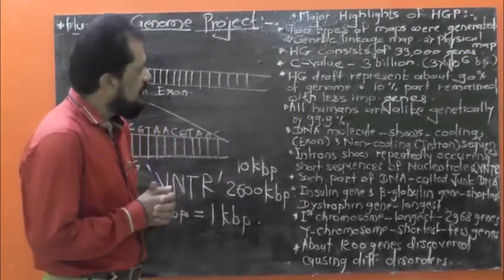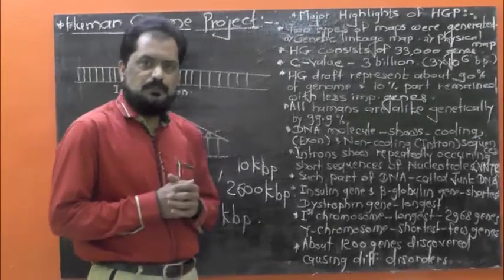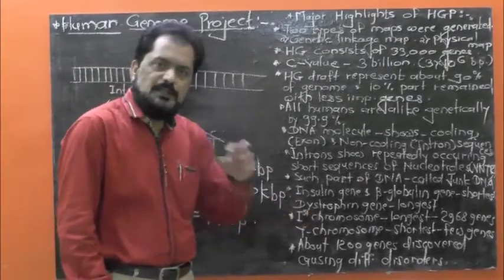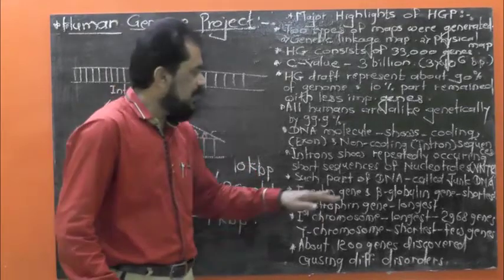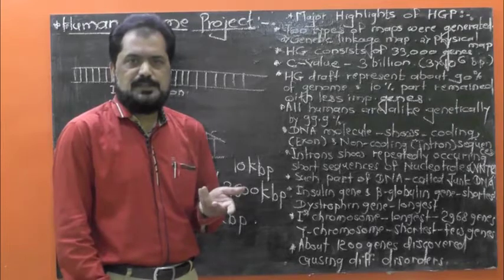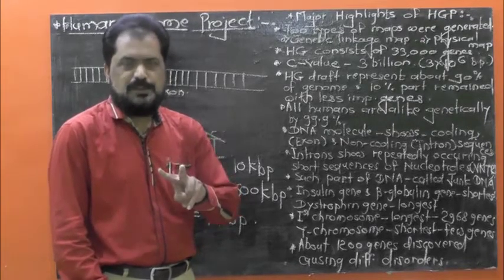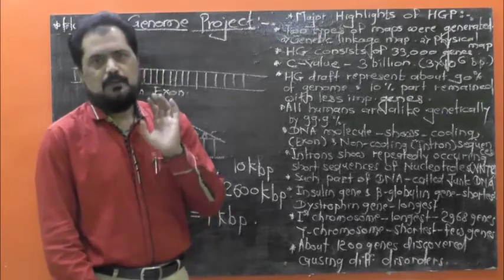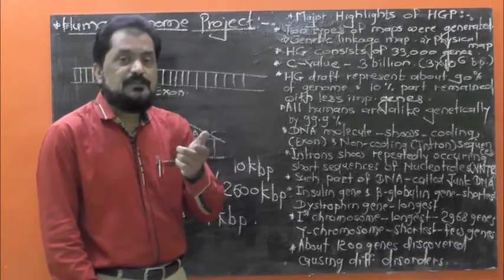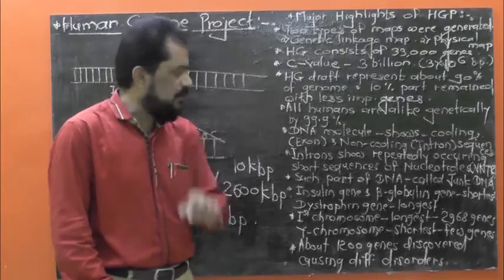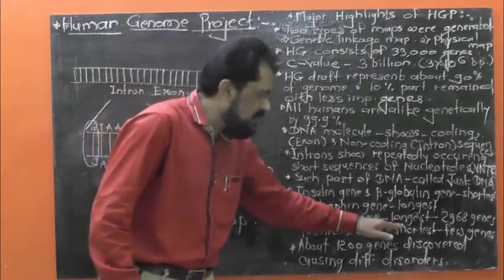Another highlight, according to the Human Genome Project, the first chromosome is the longest one. We know that the human genome consists of 23 chromosomes, that is 22 plus X or 22 plus Y. So out of these 23 chromosomes, the first chromosome, the first autosome, is longest.